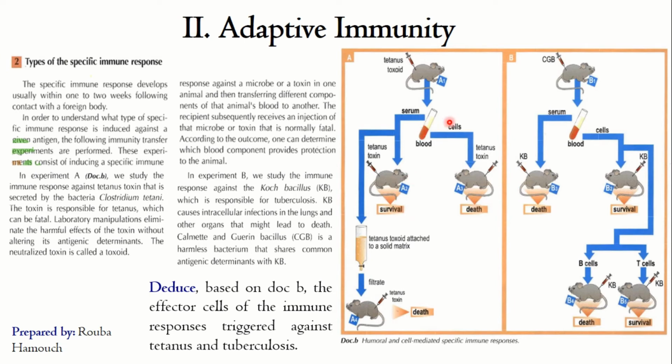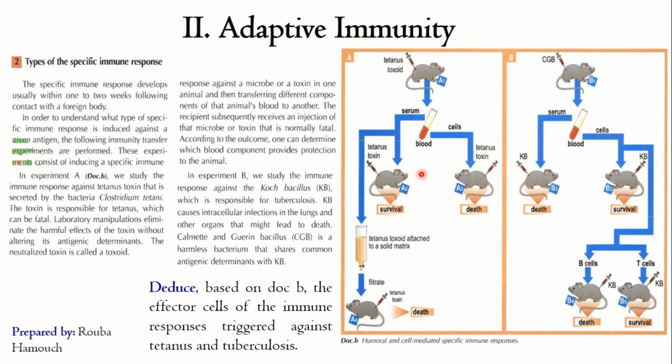However, the blood cells deriving from mouse A1 injected to mouse A3 having received tetanus toxin do not protect it, and it dies. This indicates that the cells of the blood, mainly the T cells, are not involved in the immunity against tetanus toxin, which is a soluble antigen.